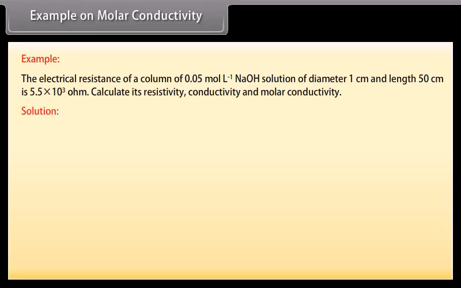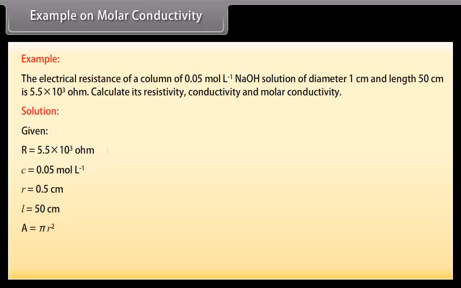Let's see the solution. Here the given values are R is equal to 5.5 into 10 raised to the power 3 ohm, C is equal to 0.05 mole per liter, r is equal to 0.5 centimeter, L is equal to 50 centimeter. We know that area is equal to pi r square.